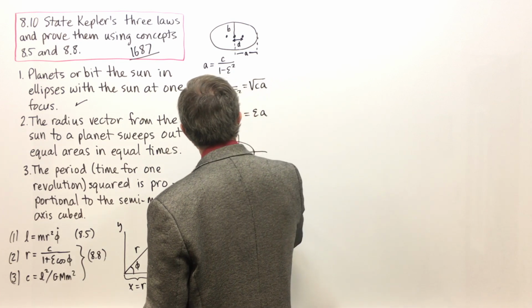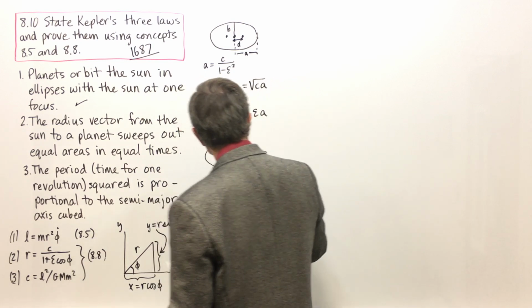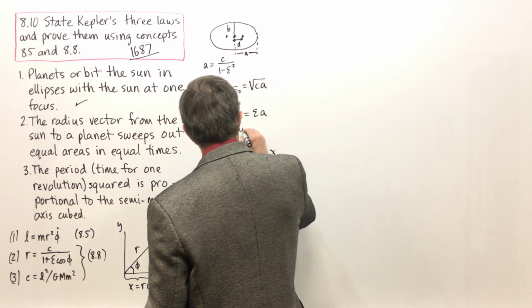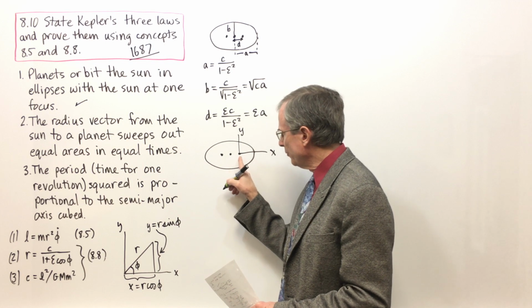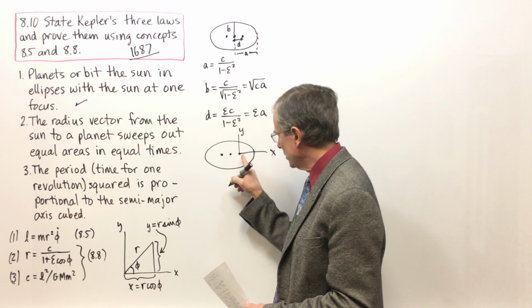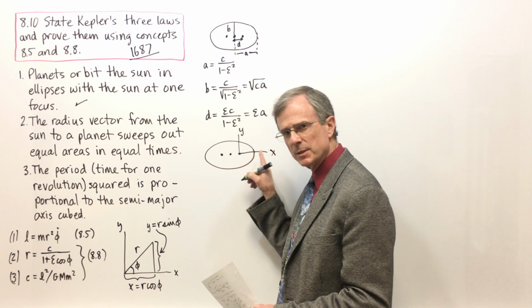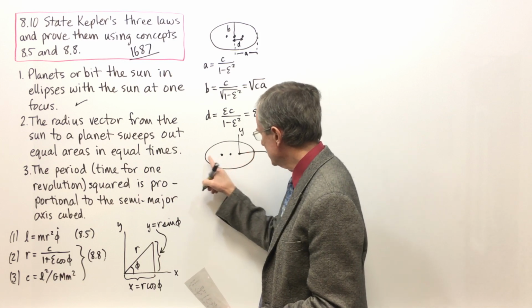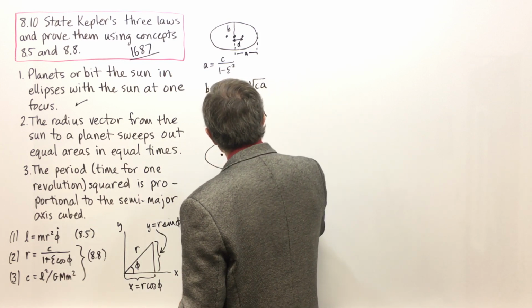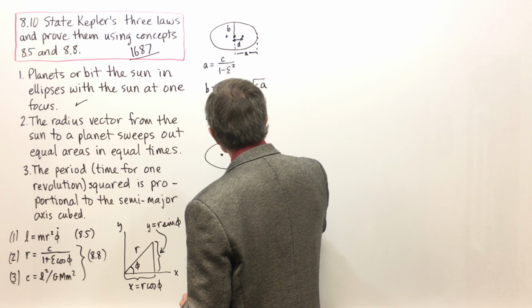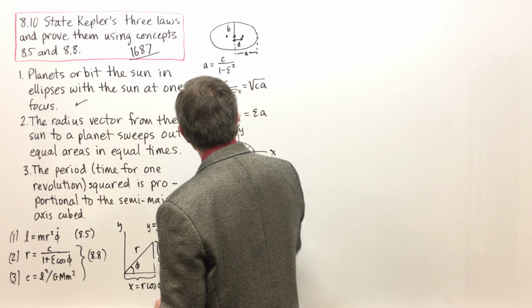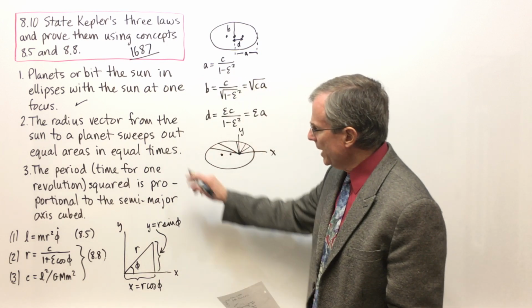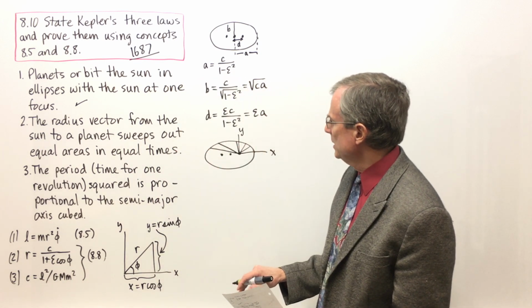So here's the center of the ellipse and here's the other focus. This coordinate system is centered on the focus on the right side of the center. So this distance here is the minimum radius, and this distance here is the maximum radius. So this radius vector is sweeping out... The claim is that it sweeps out equal areas in equal times.